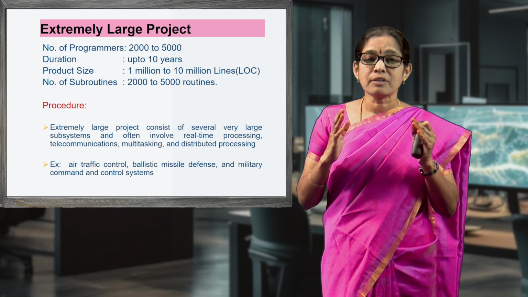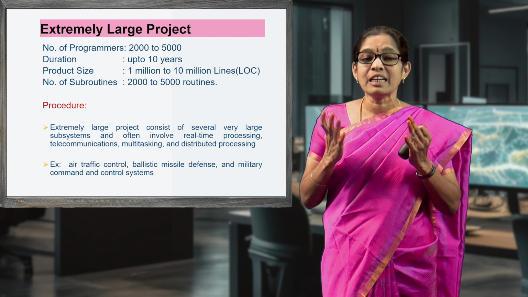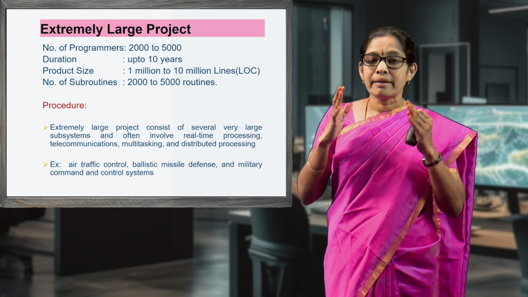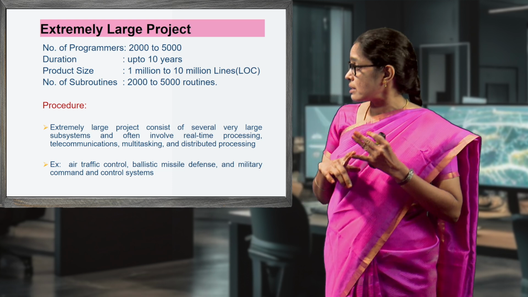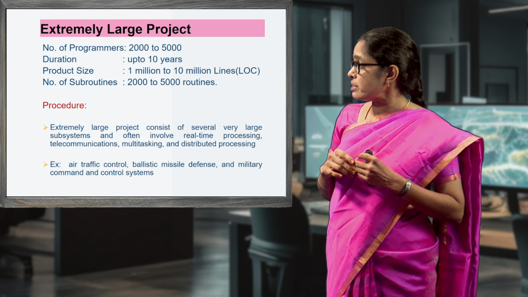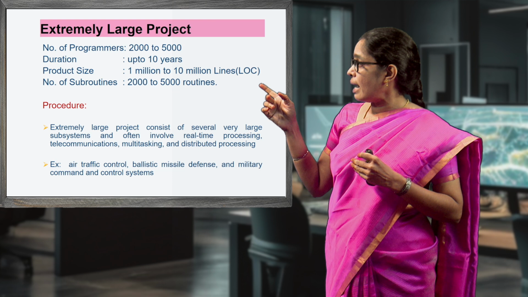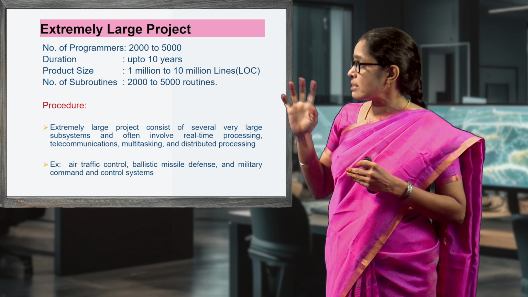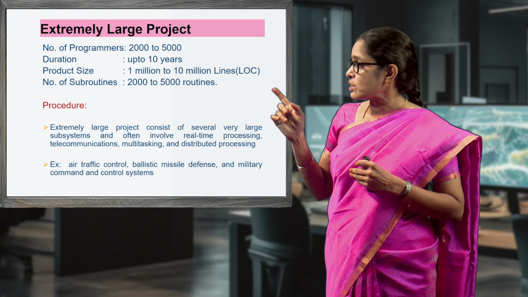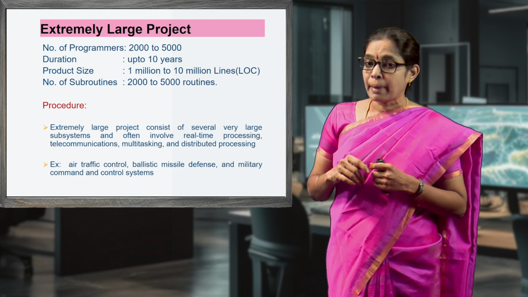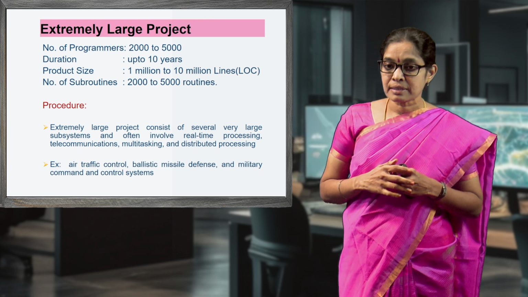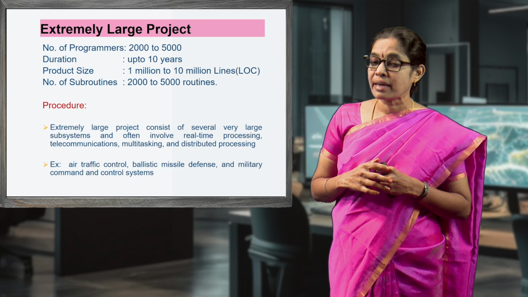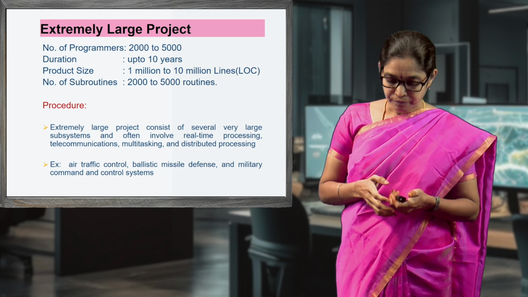So it consists of several very large subsystems and involves real-time processing, telecommunications, multitasking and distributed processing systems. Examples of this category are air traffic control, ballistic missile defense and military command and control systems.